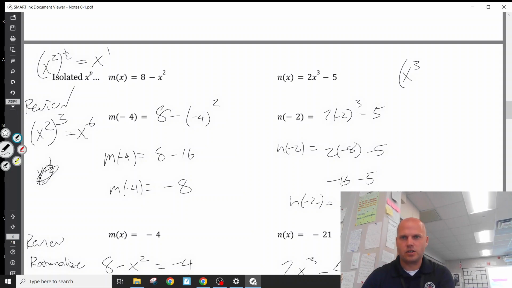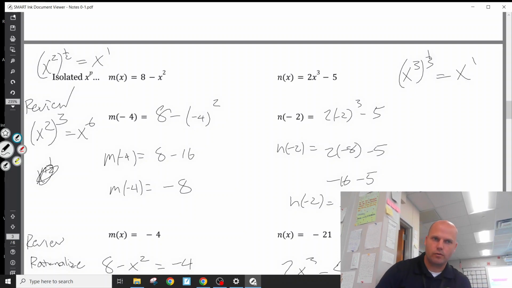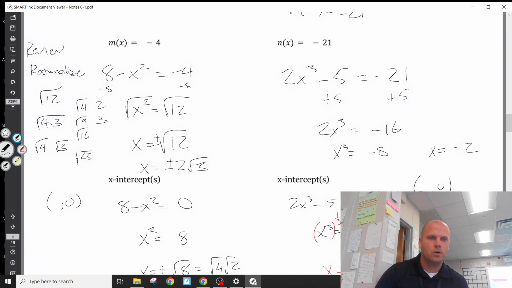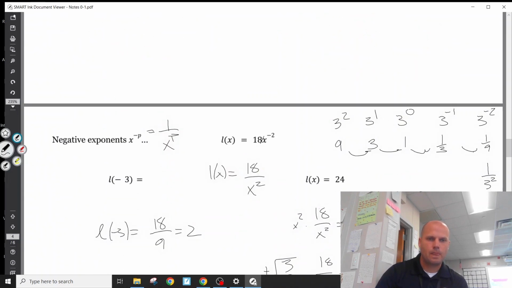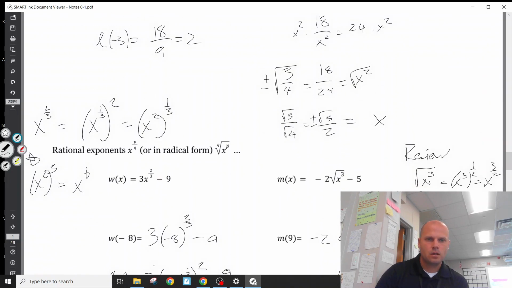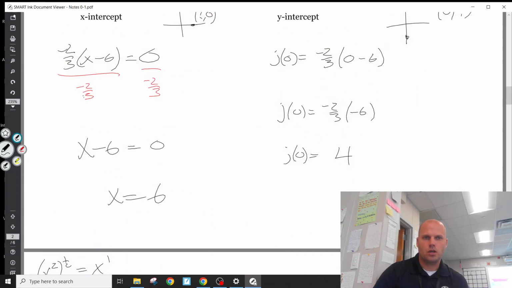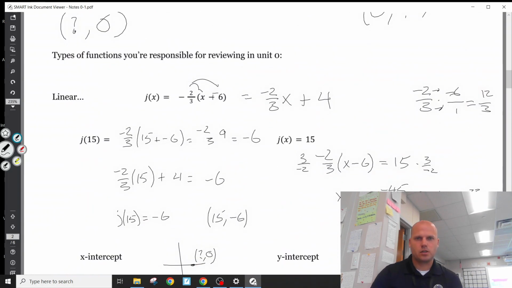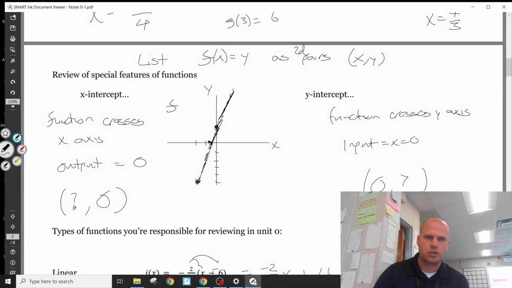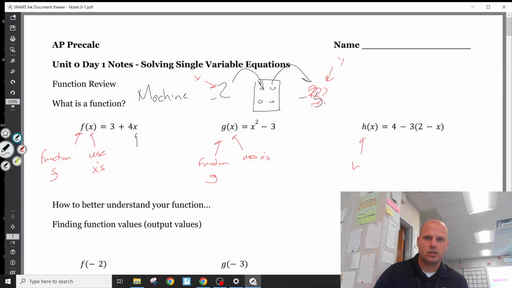If you get an x cubed to the 1/3, you get an x to the first. This is why we square root. This is why we cube root. We'll review rationalizing. We will continue to review that. Here, I'm going to review fractions, multiplying fractions, adding fractions.